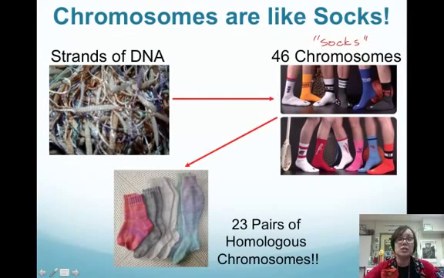And we're going to have 46 of them because that's the magic number for humans. But all 46 chromosomes have a matching pair that's roughly the same size, shape, and controls the same function. And we call those homologous pairs or homologous chromosomes. So we can take our number 46, which is the magic number, and say that we have 23 pairs of homologous chromosomes, or we can say we have 23 pairs of socks.